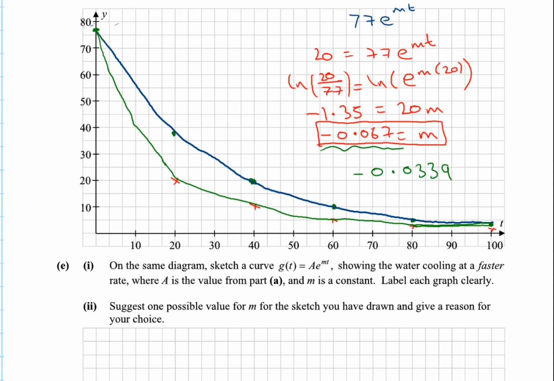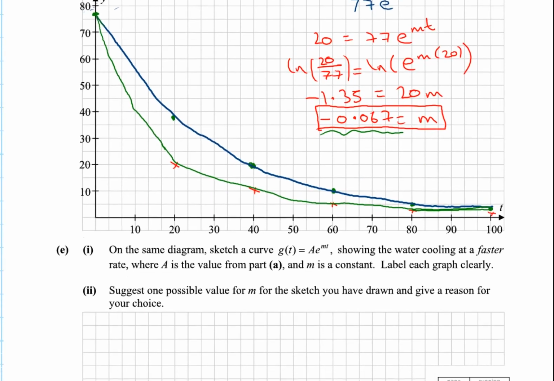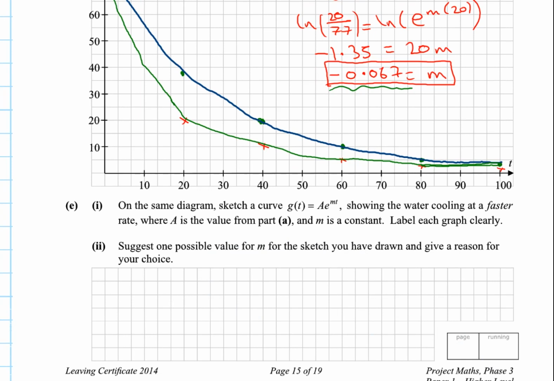So all I'm really going to do is I'm just going to rewrite what we did there. So suggest one possible value for m.